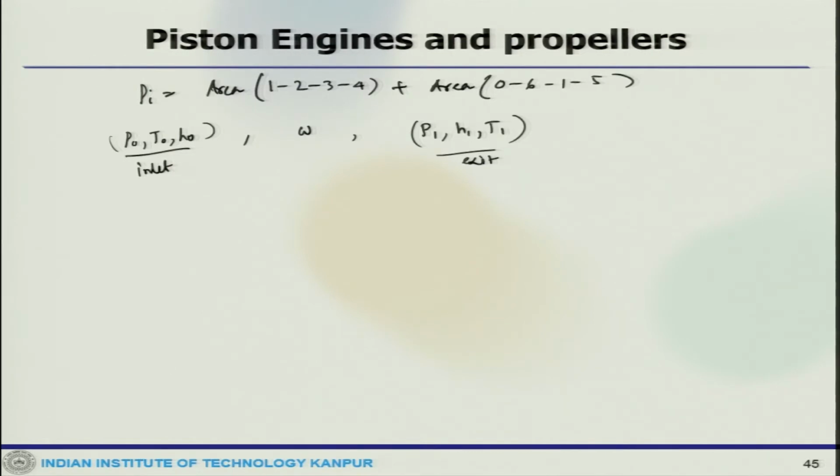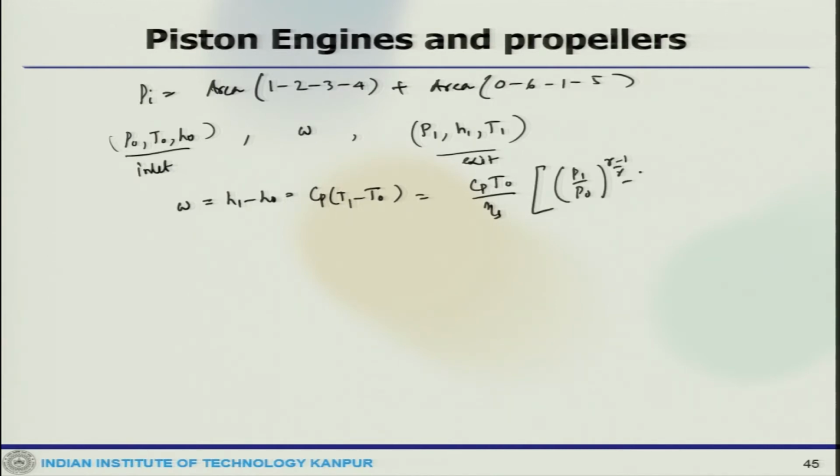From the TS diagram, we can write H 1 minus H naught, which is Cp times T 1 minus T naught, that is Cp T naught by eta s times P 1 by P naught to the power gamma minus 1 by gamma, minus 1, where eta s is the efficiency of the supercharger.